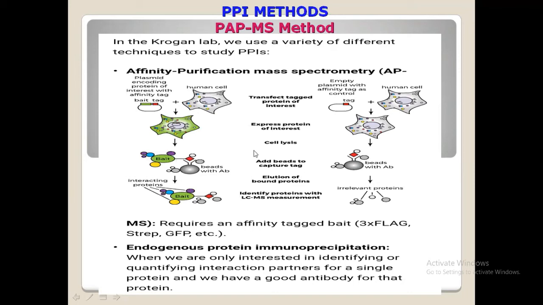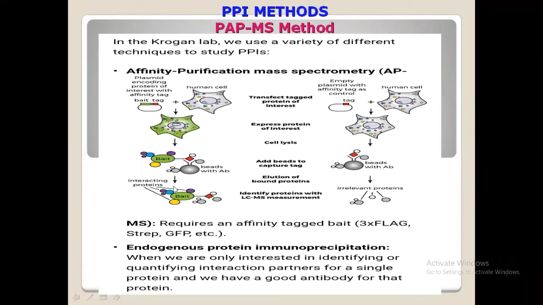Then cell lysis: destroy the cell and take the proteins outside. Add beads to capture the tag. The beads have a specific antibody to capture your bait protein along with your protein of interest.